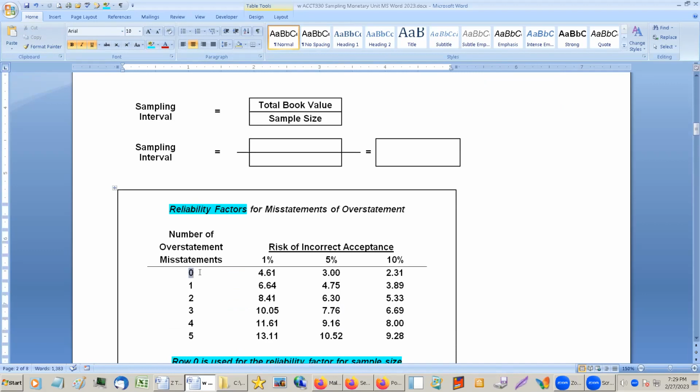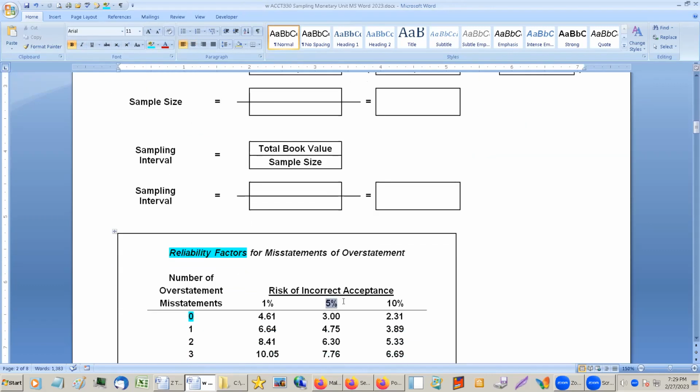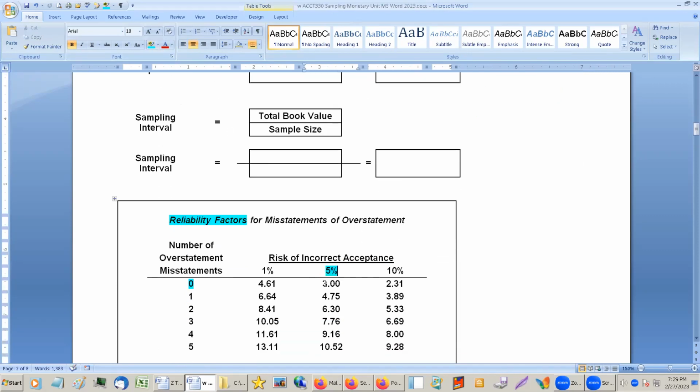Okay, so here we're at the reliability factor at 0. Risk of incorrect acceptance is 5%. So we're looking at a factor of 3.